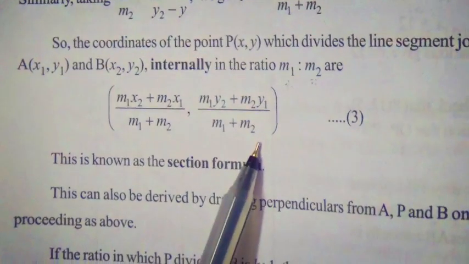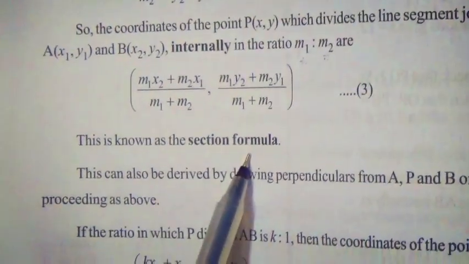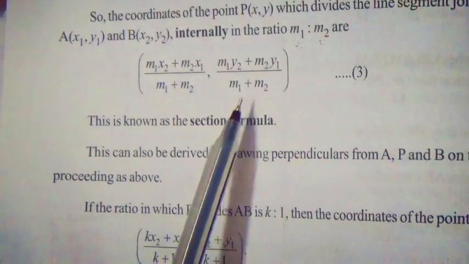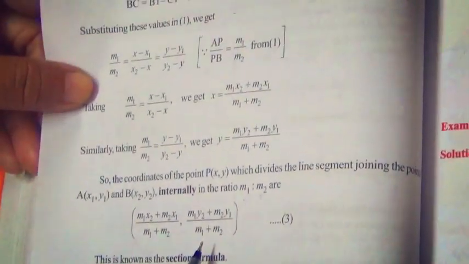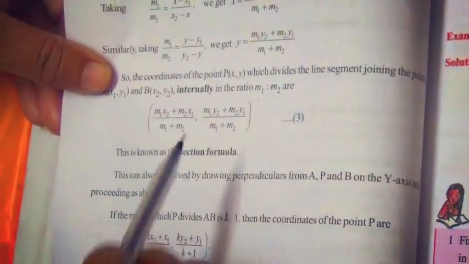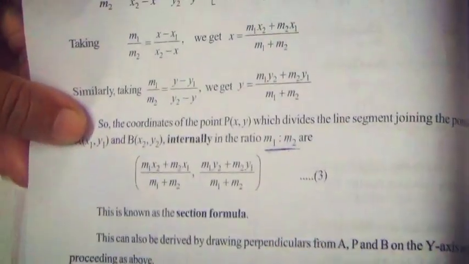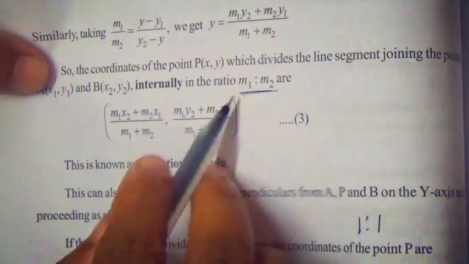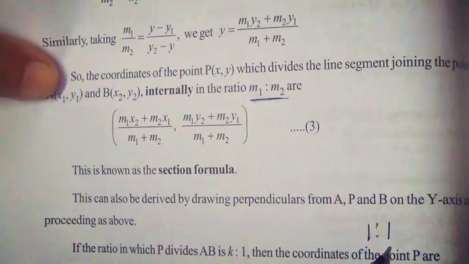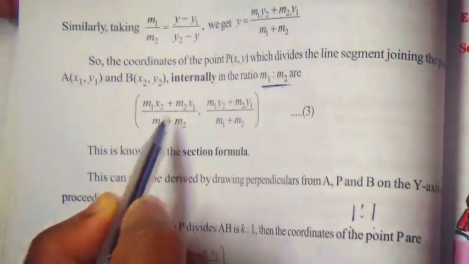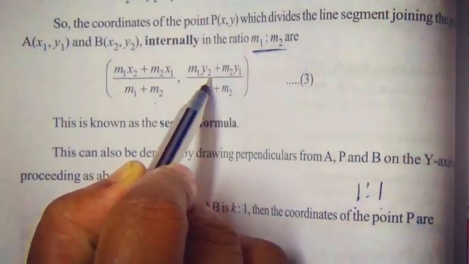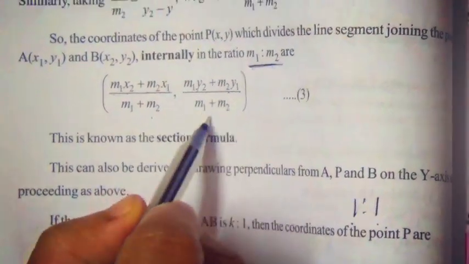I'll explain this in your class. Okay, that is the section formula. By using this section formula, we will do all the sums of this exercise, that is 7.2. And also by using this section formula, suppose the ratio becomes 1:1, m1 is equal to 1 and m2 is equal to 1, then the formula is a special case: m1 x2 plus m2 x1 by m1 plus m2, m1 y2 plus m2 y1 by m1 plus m2.